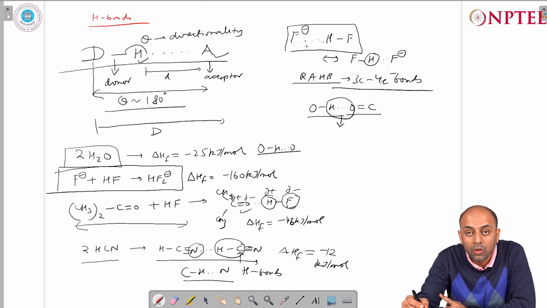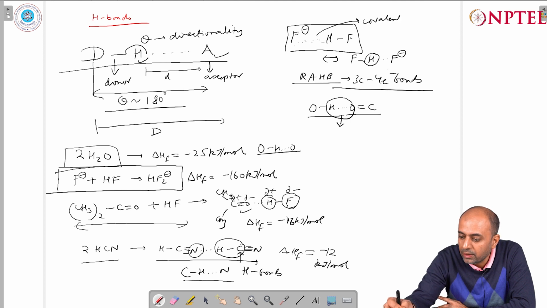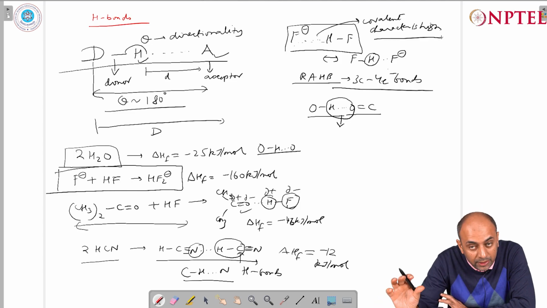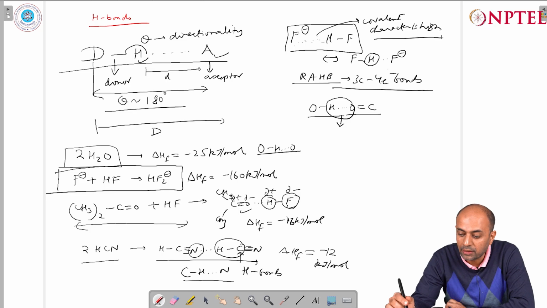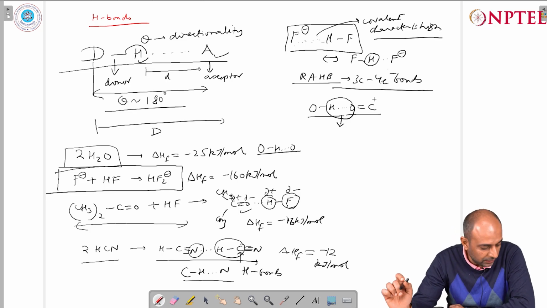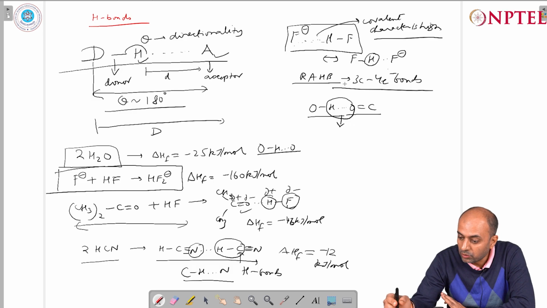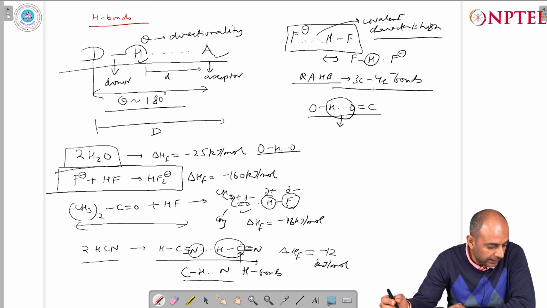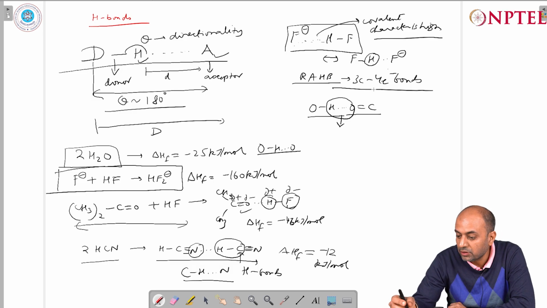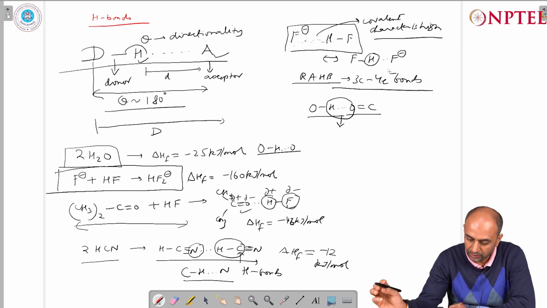There the covalent character associated with the hydrogen bond is high. These are examples of resonance assisted hydrogen bonds. You can see this kind of delocalization taking place, and there is a sufficient amount of electron density in the non-covalent region as well, and this phenomenon exists.